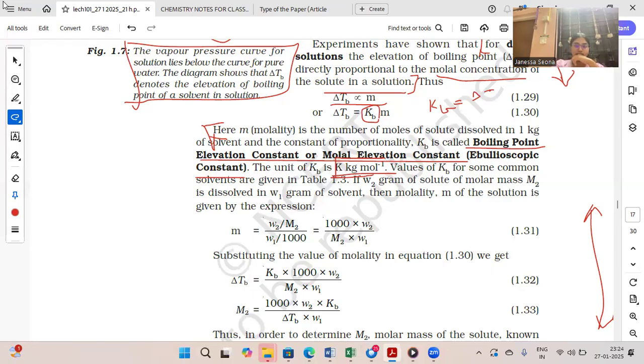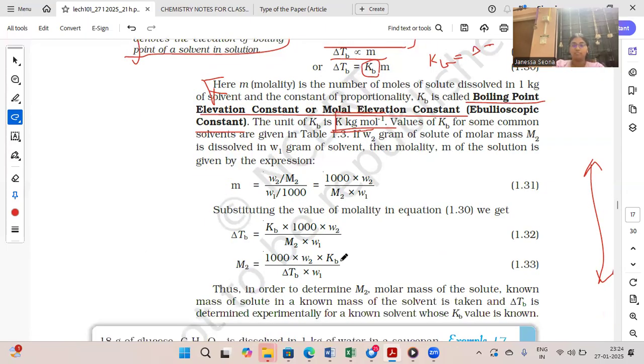Yes, Janissa, here we have delta TB is equal to KB into M, and KB is the molal elevation constant or ebullioscopic constant, and the unit of KB is Kelvin kilogram per mole. Values of KB for some common solvents are given in the table, that we will come back to.